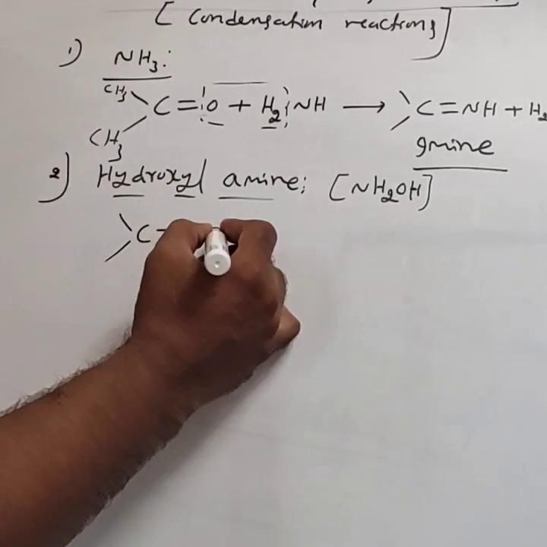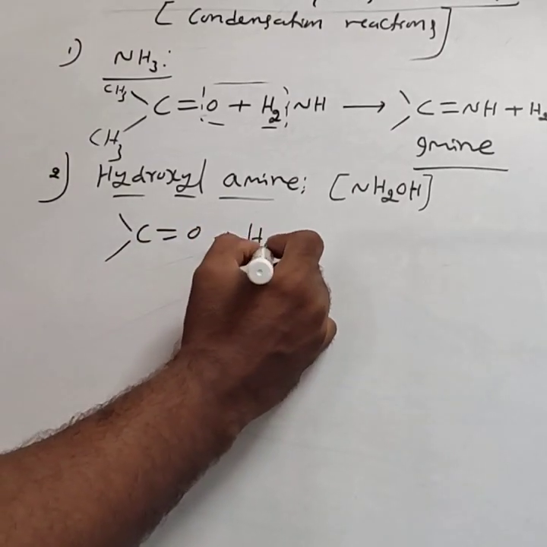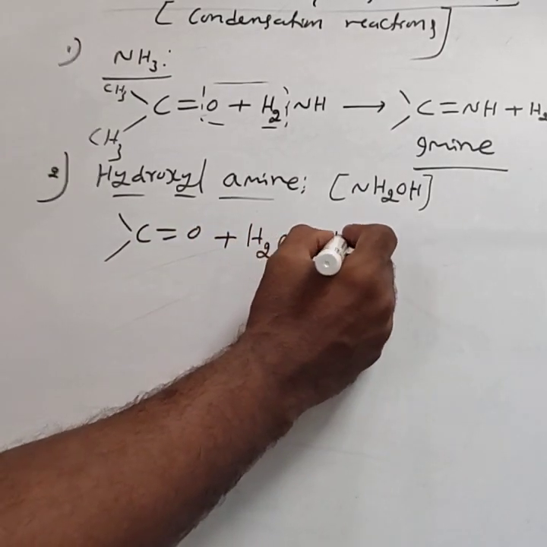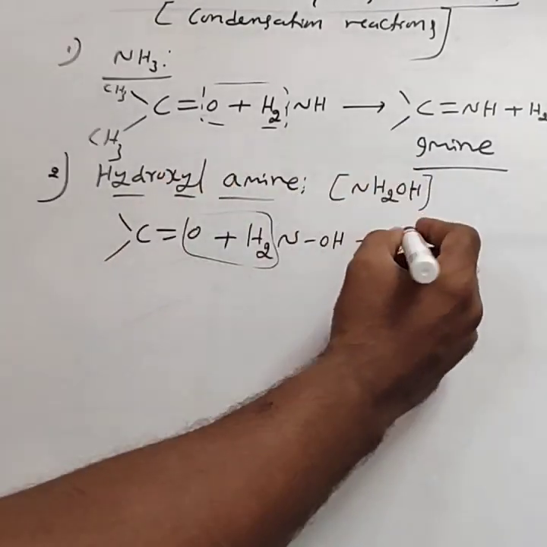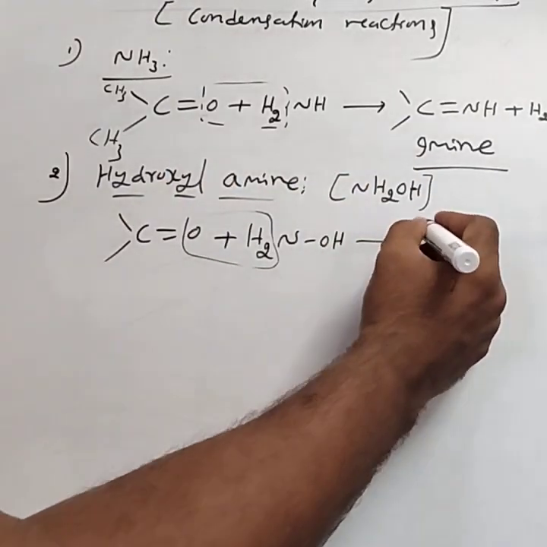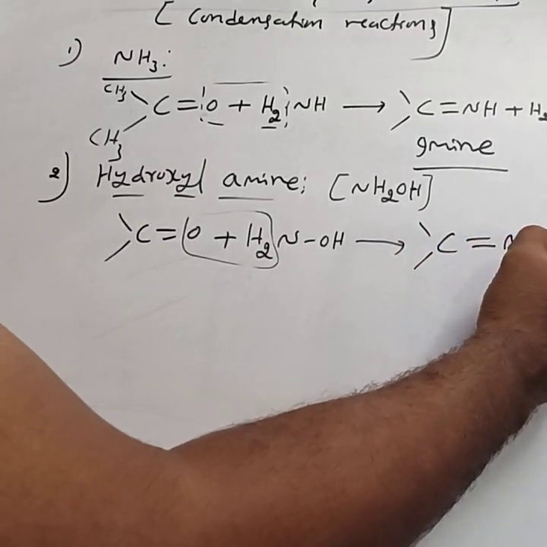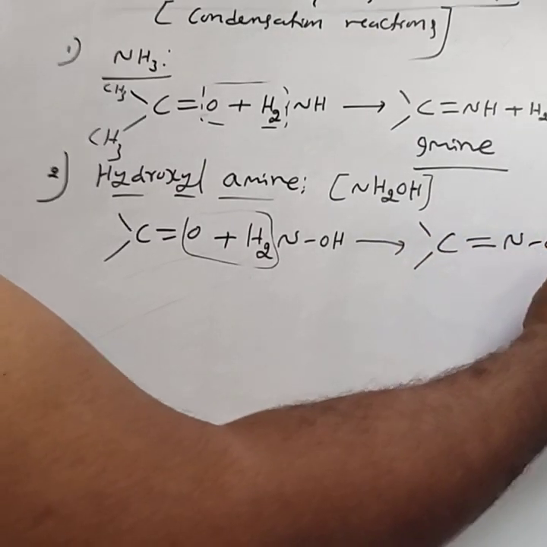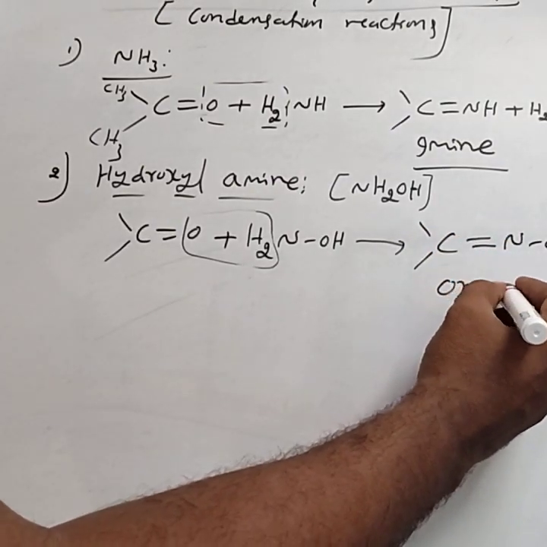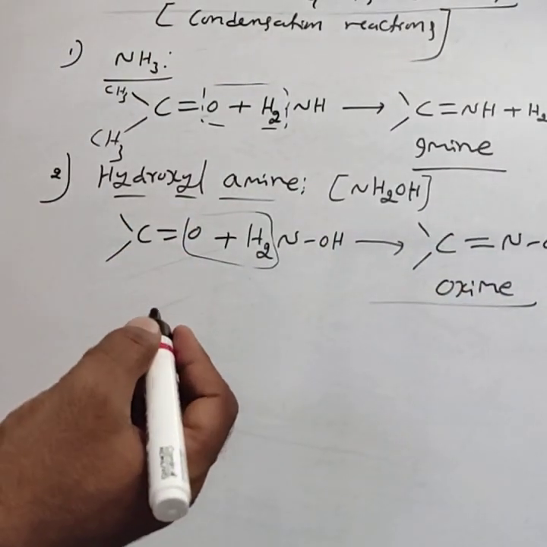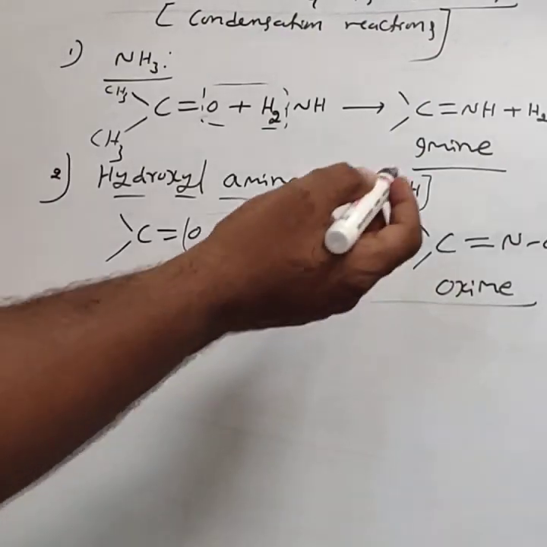It reacts with hydroxylamine NH2OH. Again, water removal takes place and forms C=NOH plus H2O. This compound we call an oxime. The corresponding oxime is formed.